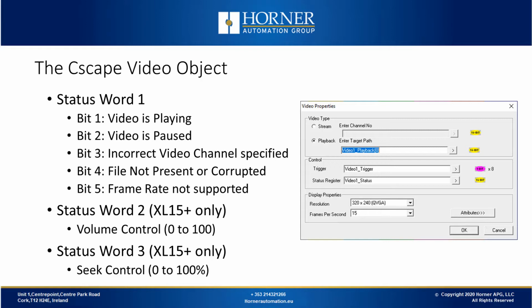For the XL15 Plus, you've got 2 additional status words. You've got volume control, which allows you to adjust the volume for the audio, and you've also got seek control, which allows you to start video playback at any point of the video. For example, seek control at 50% is halfway through the video.